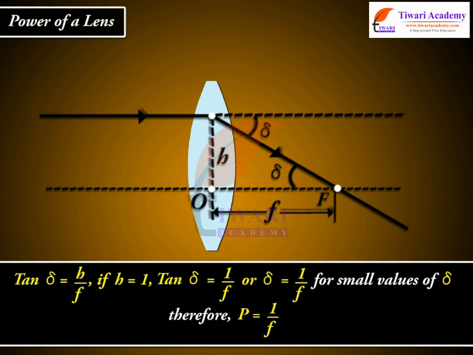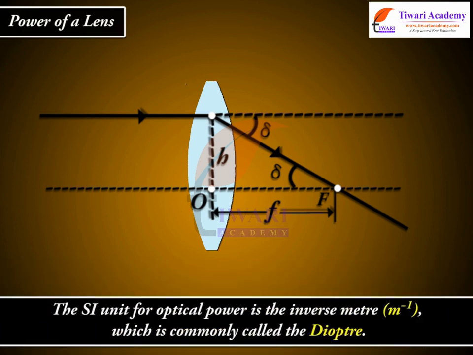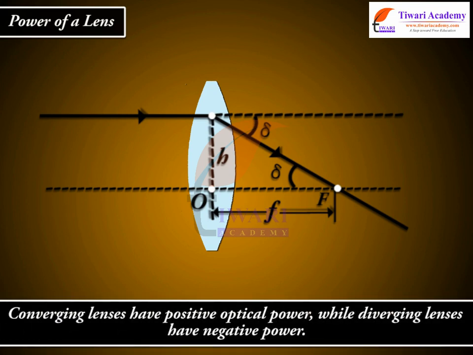Therefore, P is equal to 1 by f. The SI unit for optical power is the inverse meter, m raised to power minus 1, which is commonly called the diopter. Converging lenses have positive optical power, while diverging lenses have negative power.